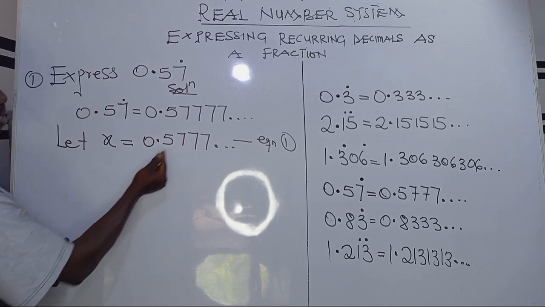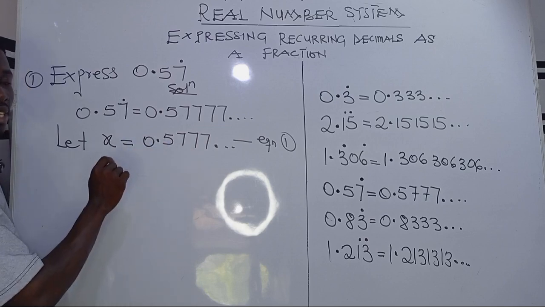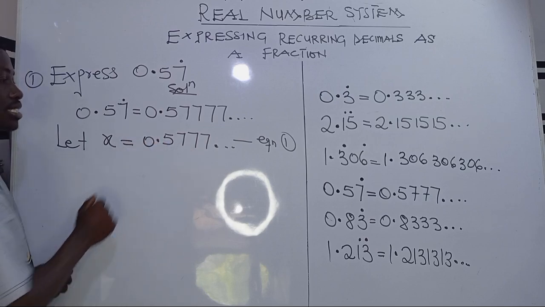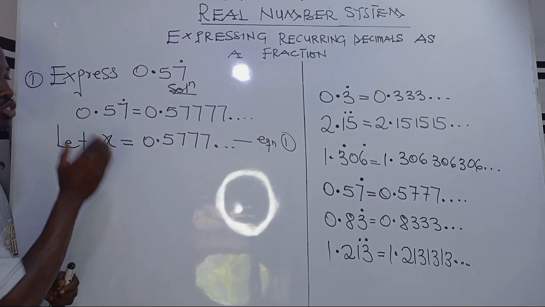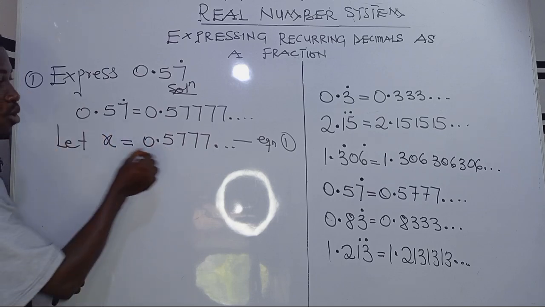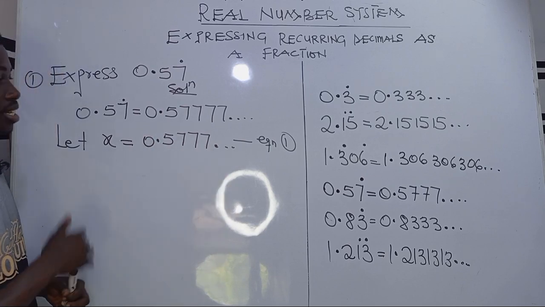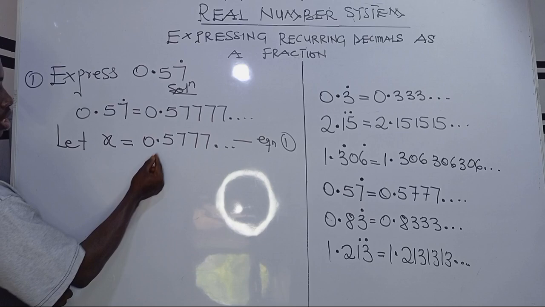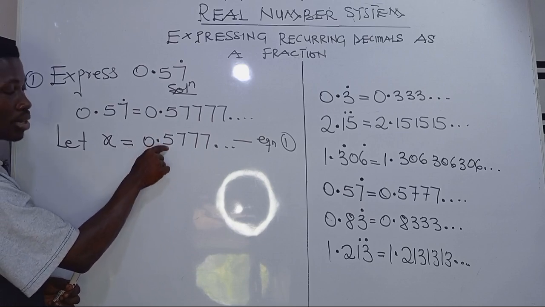Now you can see that the number that repeats infinitely, which is 7, does not come directly after the decimal point, but after the number 5. So you have to deal with that one first before we move on to the number that repeats infinitely. So in doing so, we can see that the number that comes just behind the decimal point is 5.